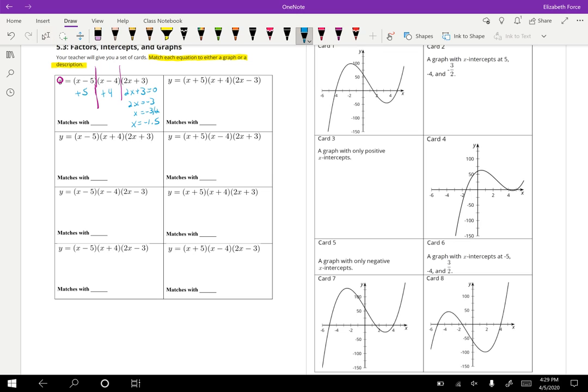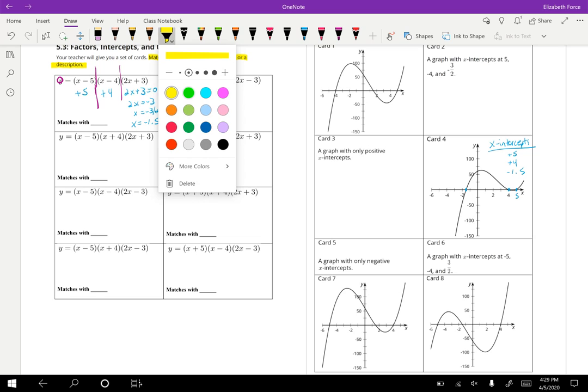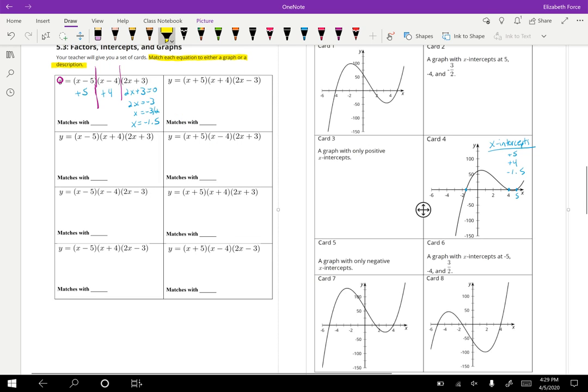And I can find that right over here in card number 4. So my x-intercepts are at positive 5, positive 4, and then halfway between negative 1 and 2, so negative 1.5. So I'm going to match card 4 with this function.